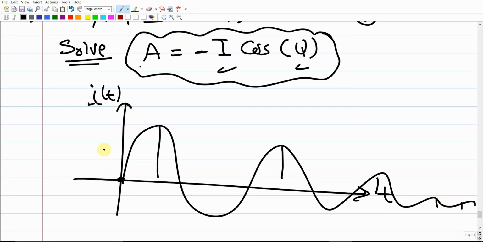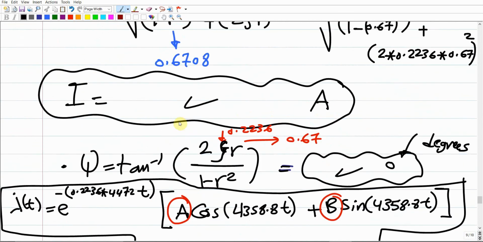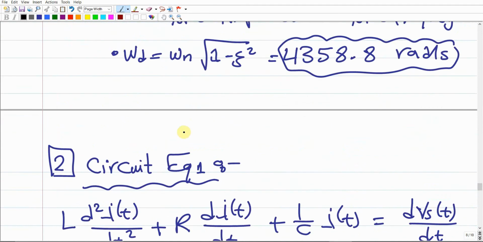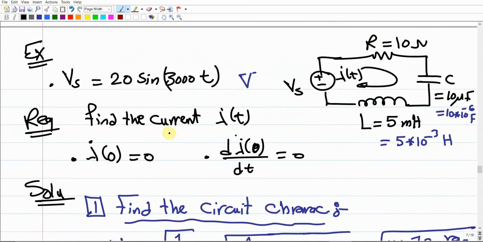Make sense? So this is the basic idea of how we can solve a second order ODE, or do analysis for an RLC circuit that is described by a second order ODE. So that's it for this video and today's lecture.